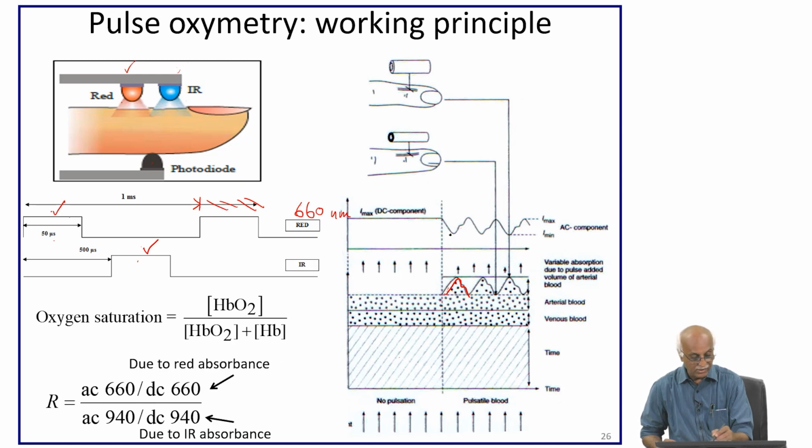This pulsating signal consists of two things: light at 660 nanometer with a DC component and a corresponding AC component, which is nothing but a small variation over the fixed intensity, the AC component at 660 nanometer.